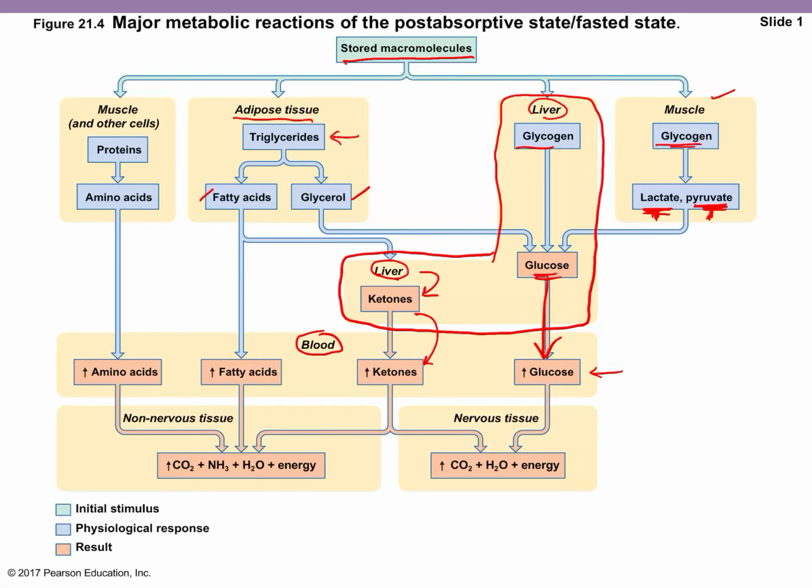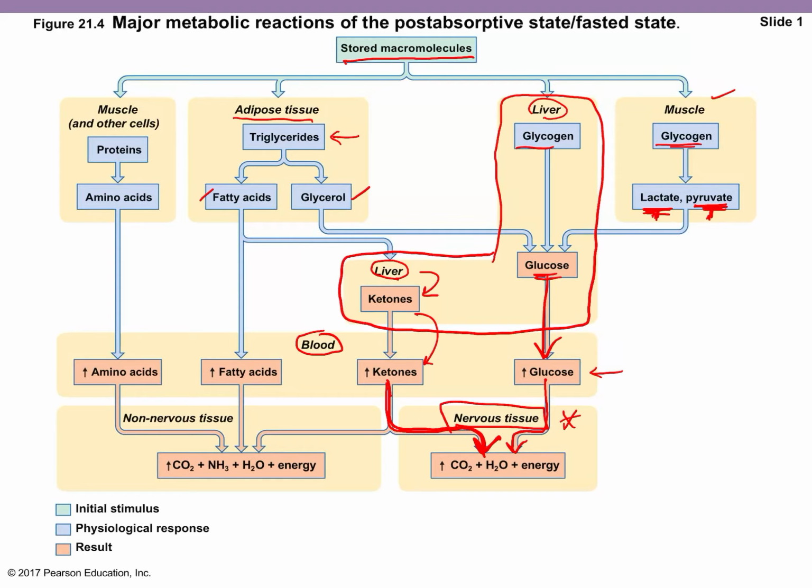However, the central nervous system, if you look here, under extreme conditions, the central nervous system can use ketones. So you can see how the ketone arrow does move into the central nervous system. So the central nervous system uses primarily glucose, but under extreme conditions can also shunt and use ketones as energy. So it's the central nervous system's emergency energy source.